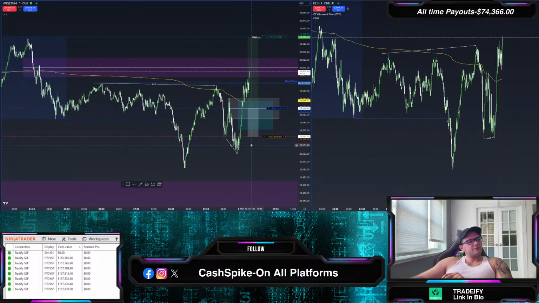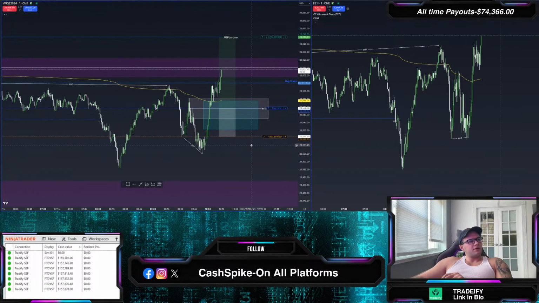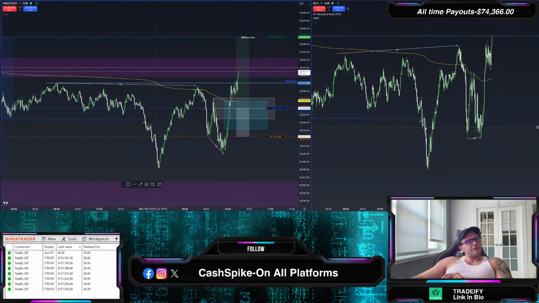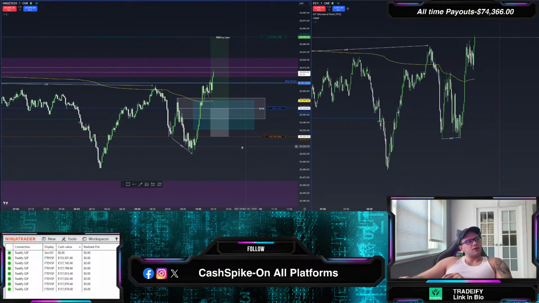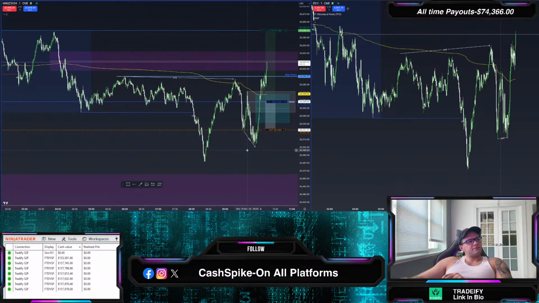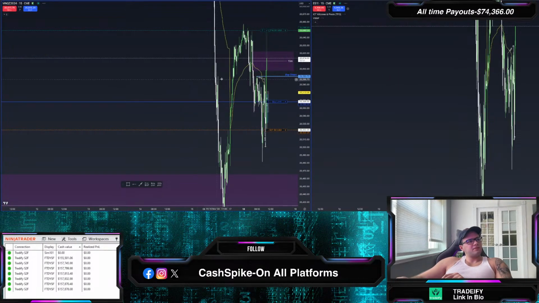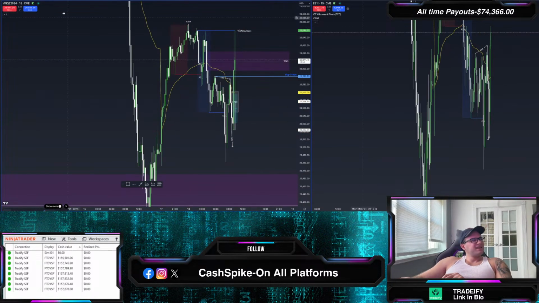Yeah, it's annoying. That's one of the annoying things about trading: the way you want to take the setup, the most favorable way of taking it, it's not always gonna happen. You're just gonna miss it. At this point it's already retesting the fair value gap, and I don't really want to be in the setup, so I'm removing it.